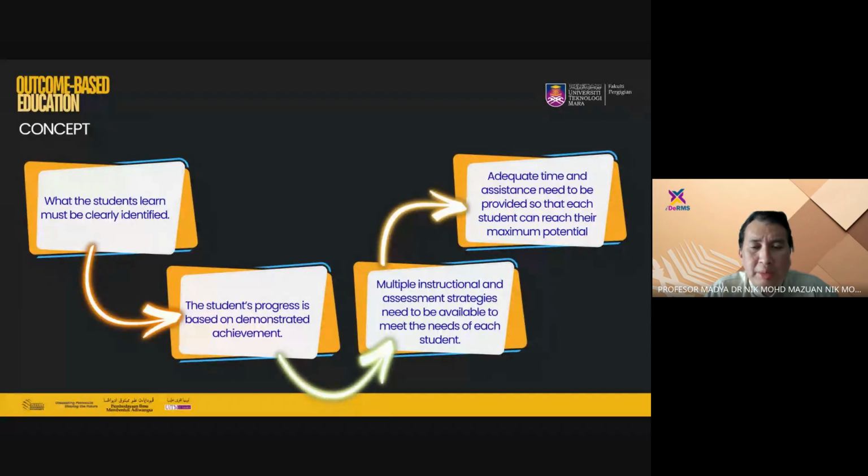So this assessment should not be easy, but should be enough to measure the outcome that you intended students to have. Okay. And then adequate time and assistance need to be provided so that each student can reach their maximum potential.